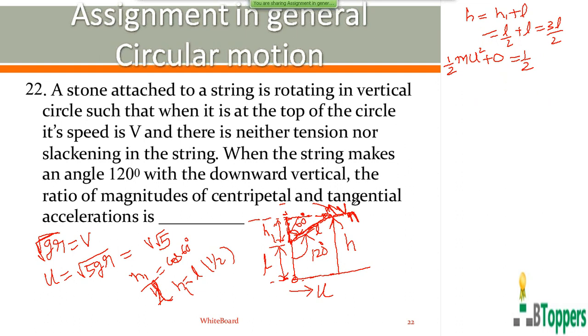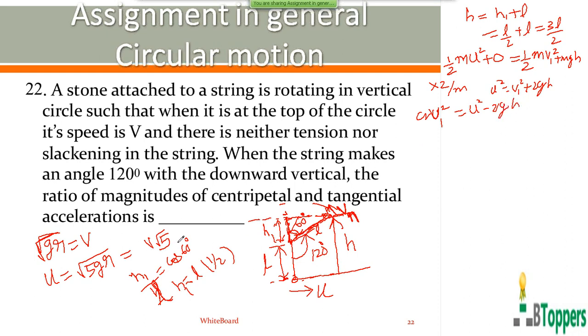Kinetic energy of the bob at height h above the lowest position is half mv1 square, and potential energy is mgh. Multiply this equation by 2 and divide by m. So you get u square equal to v1 square plus 2gh, or v1 square equal to u square minus 2gh.